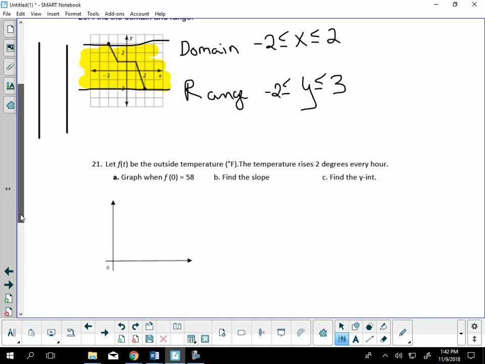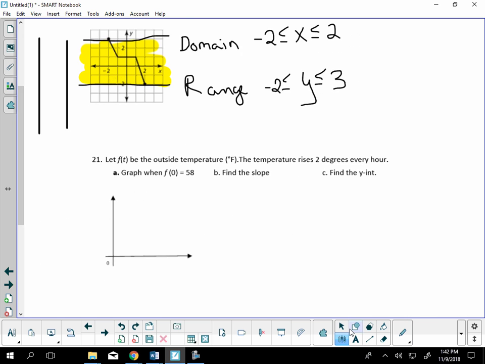Let's take a look at problem number 21. Let f of t be the outside temperature in Fahrenheit, and the temperature rises 2 degrees every hour. So we want to graph when f of 0 is 58 degrees.